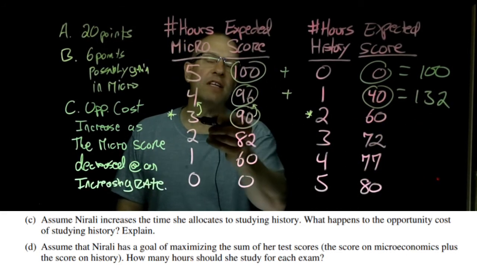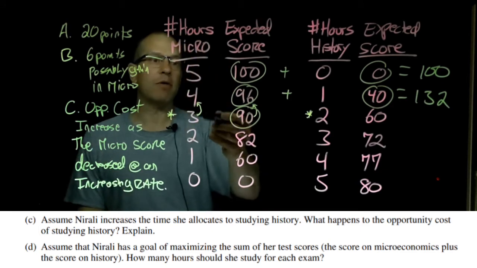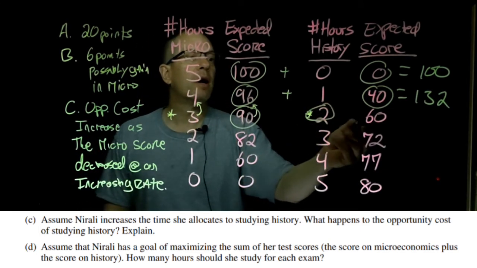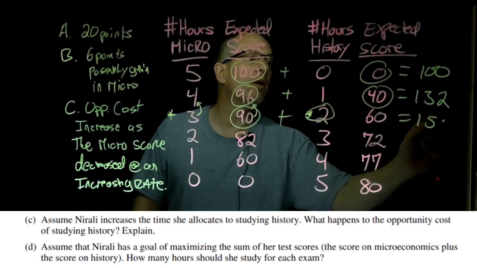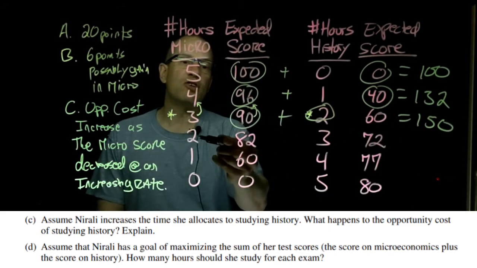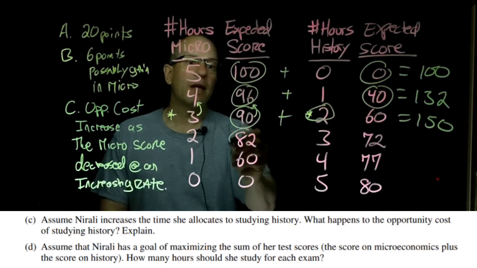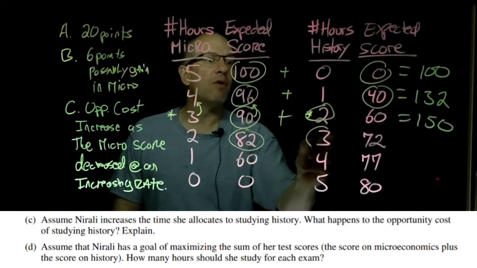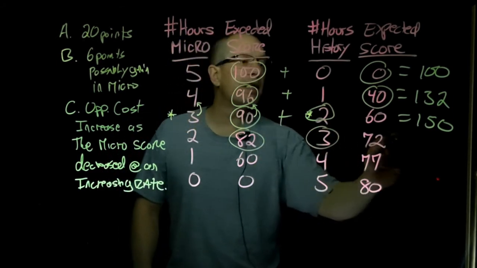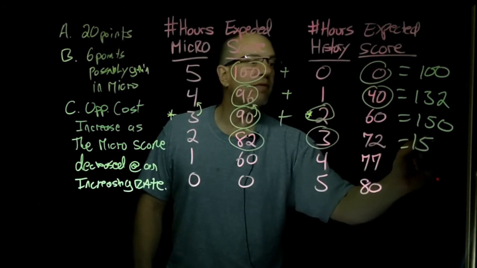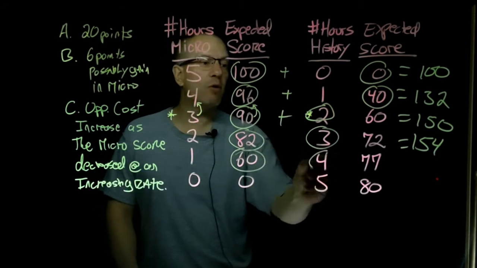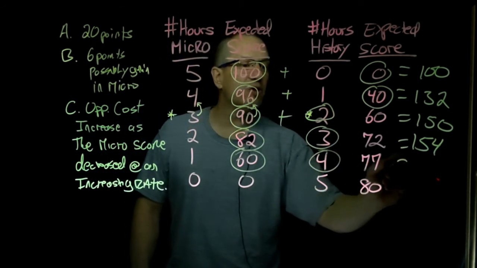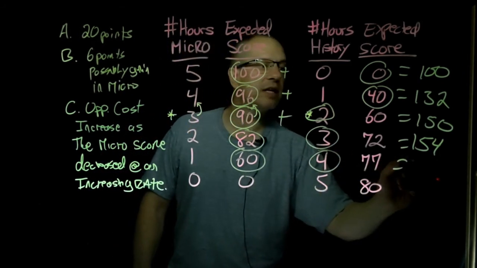If I studied 3 hours for micro and 2 hours for history, 90 plus 60, I would get a combined score of 150. If I studied 2 hours for micro and 3 hours for history, my combined score would be 154. If I studied 1 hour for micro and 4 hours for history, my combined score would be 137.